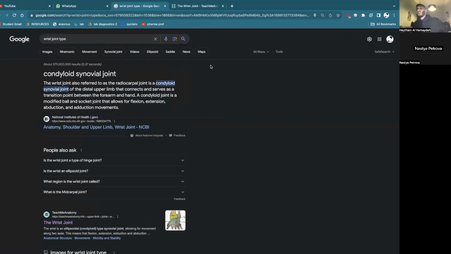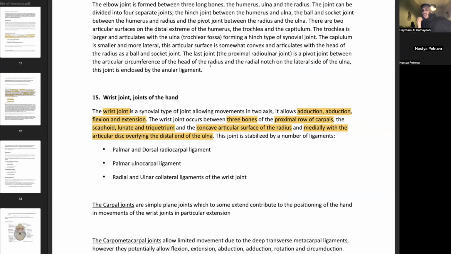Why? Because it allows for 4 types of movements. Hinge joint allows only flexion and extension. That's it. Condyloid allows for flexion, extension, abduction, adduction. Okay? Now we want to know ligaments.